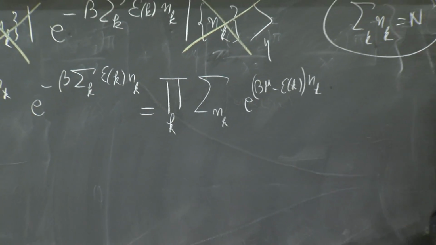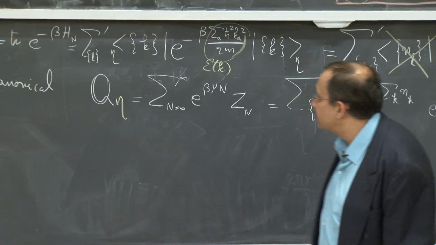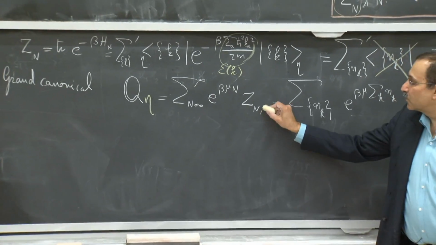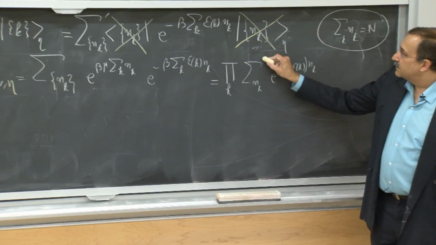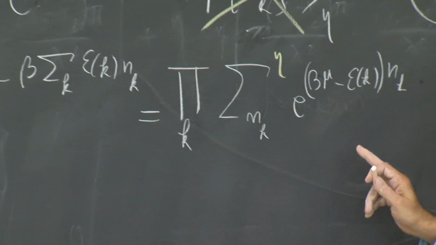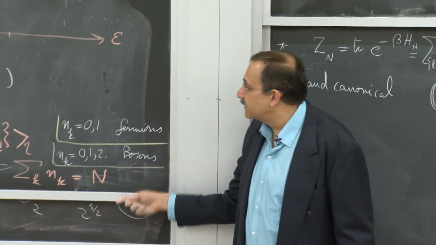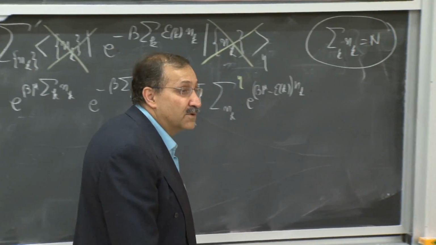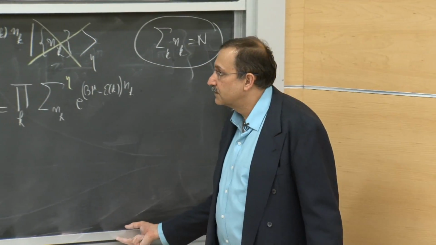Now the symmetry issues remain. This answer still depends on whether or not I'm calculating things for bosons or fermions, because these sums are differently constrained, whether I'm dealing with fermions, in which case nk is only 0 or 1, or bosons, in which case there is no constraint. Okay?